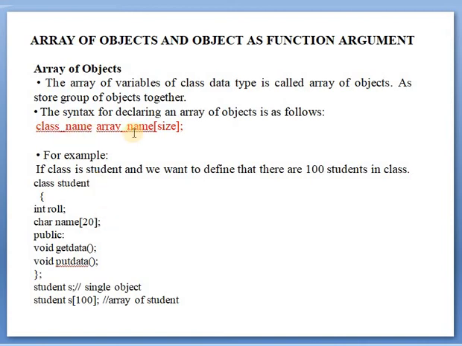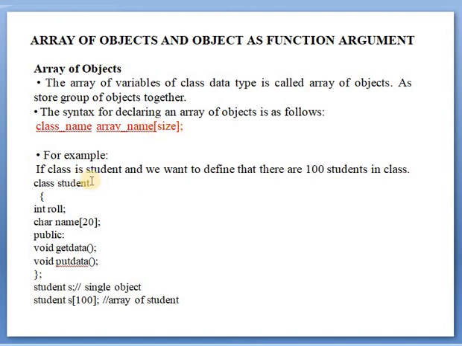Just like any other array, we require the data type, array name and the index, or we can call it the size. In the case of array of objects, we have to write the class name, which is nothing but the data type, then the array name, that is the object name, and the size.